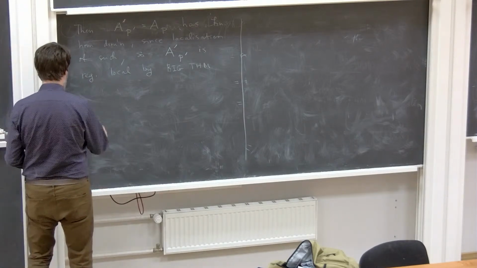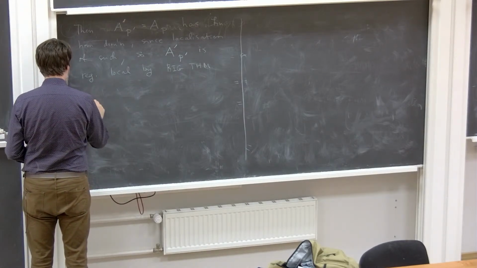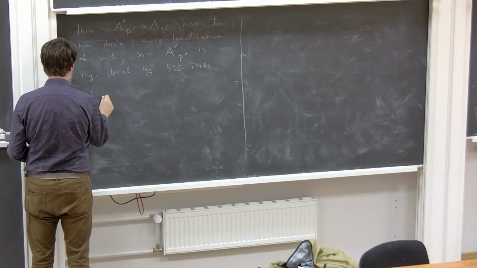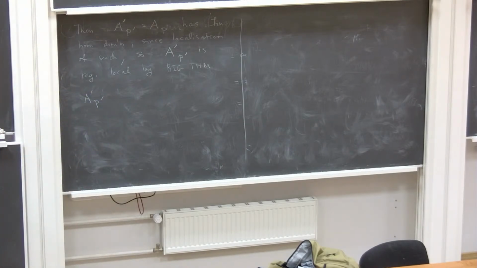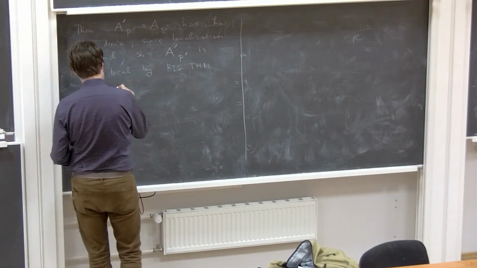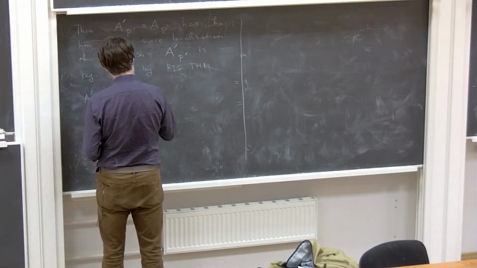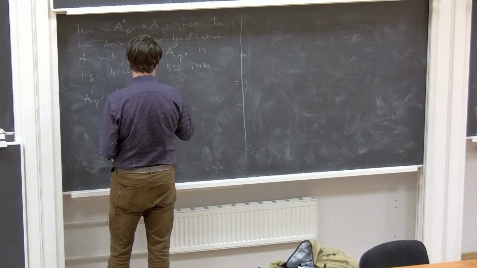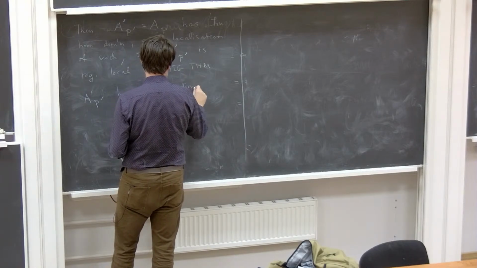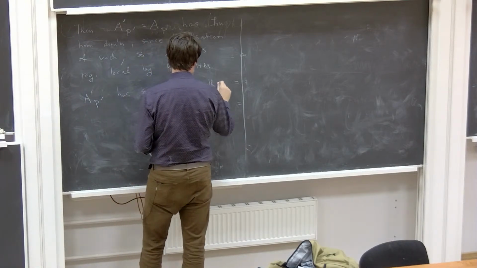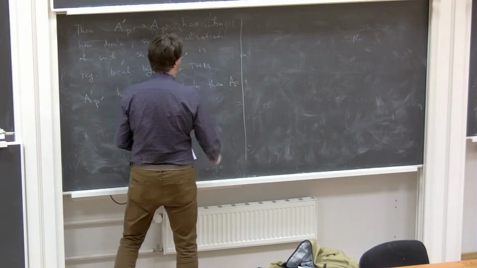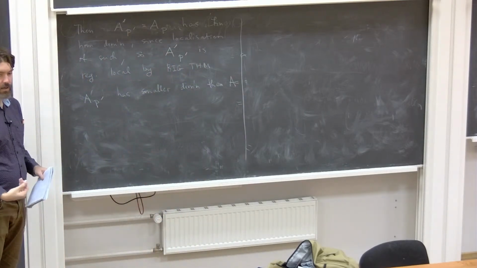On the other hand, A prime at P prime also has strictly smaller dimension than A, because in this localization, we lost the maximal ideal.